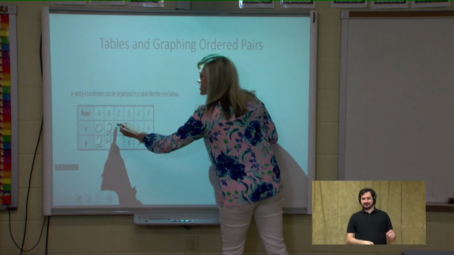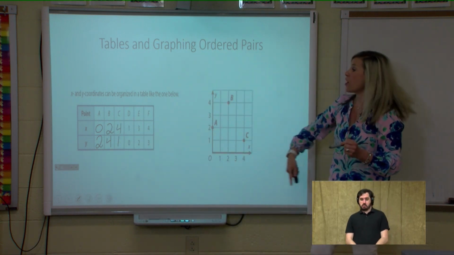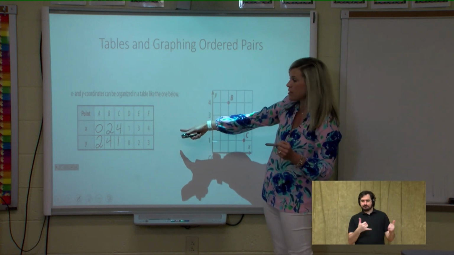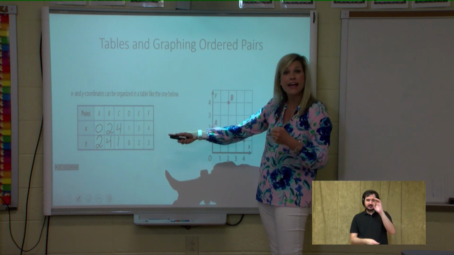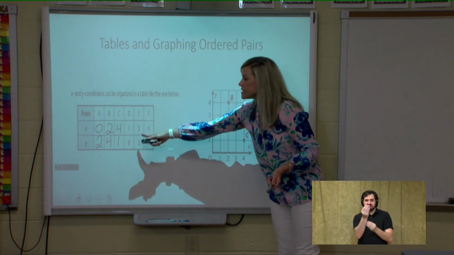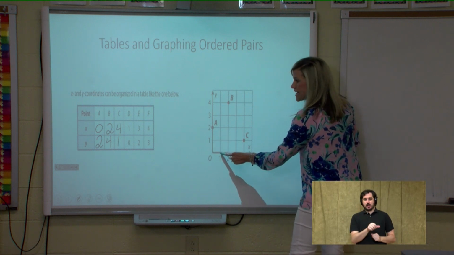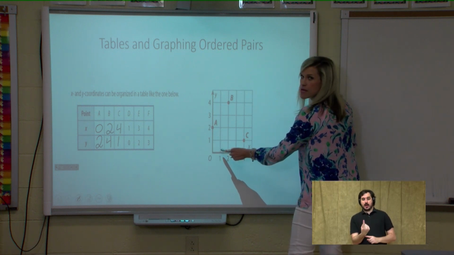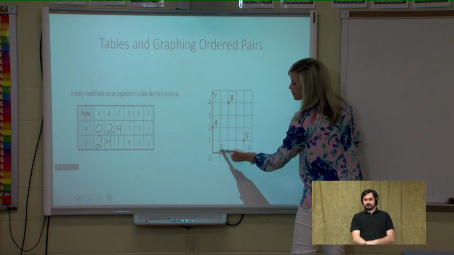So those coordinates are 4 and 1. Now on this table, they then gave you D, E, and F. We did D just now together. Over 1, and then it says up 0, nothing. So D would go right here.